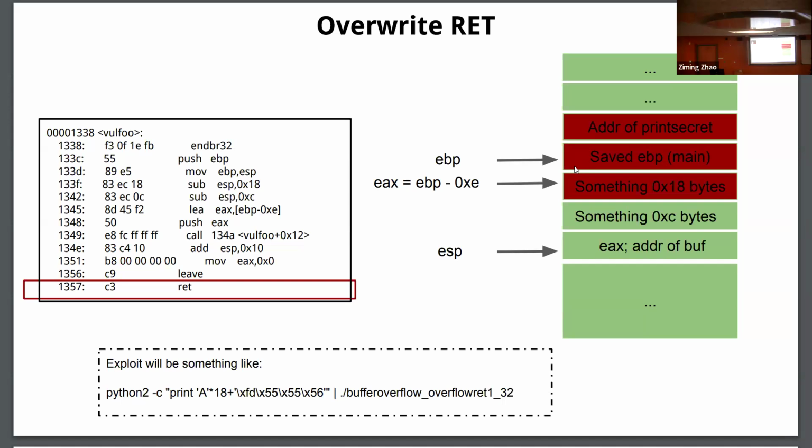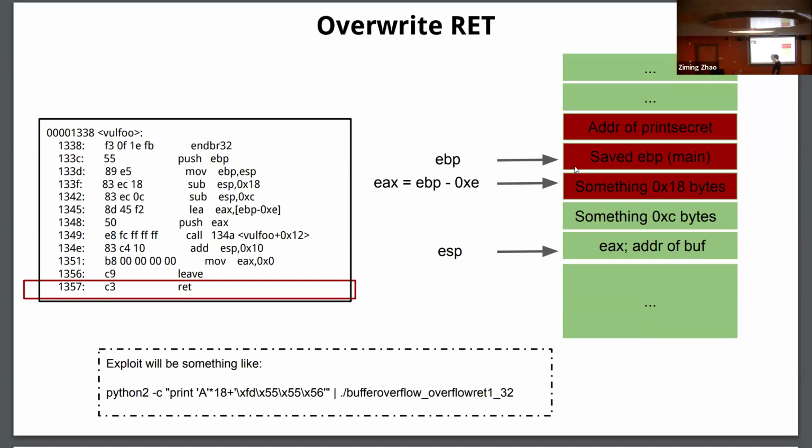But it doesn't really matter because we're not using any important data there. When print secret eventually returns, it's going to dereference from here or somewhere near this, and that will trigger a segmentation fault. But before that, we already get what we want, which is the flag. So at this point, we don't care about this value. What we care about is this value.